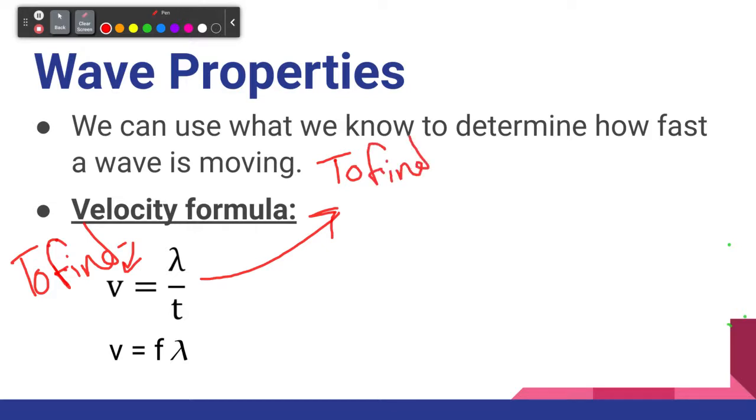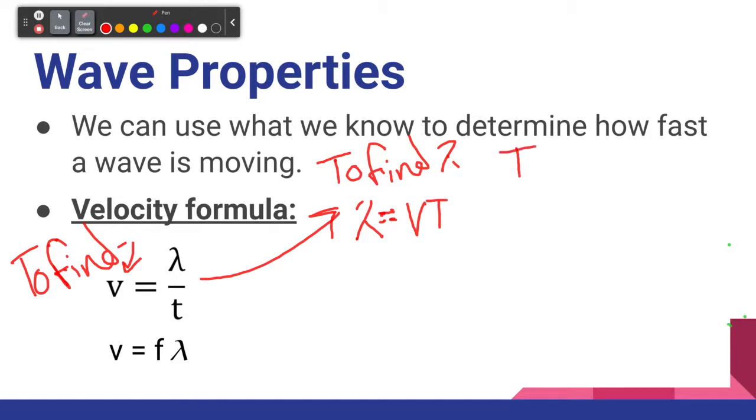Now, I know we haven't talked about period and frequency all that much, or compared them, and we'll compare them here in a second. But if you need to find the wavelength, lambda, this is the equation we use. It's just going to be the velocity times the period. Okay, velocity times time.